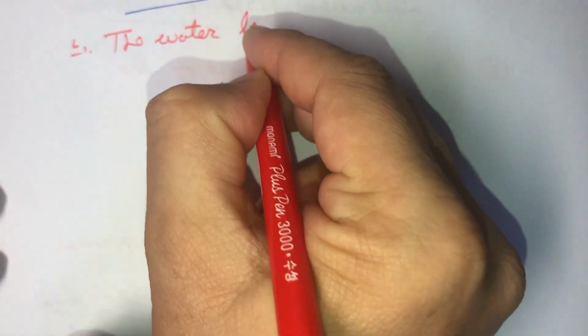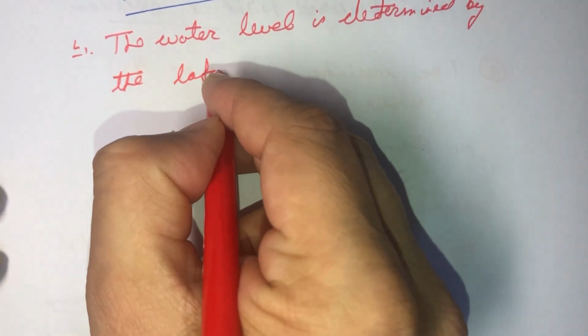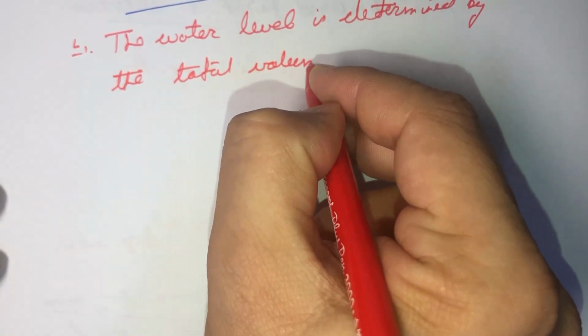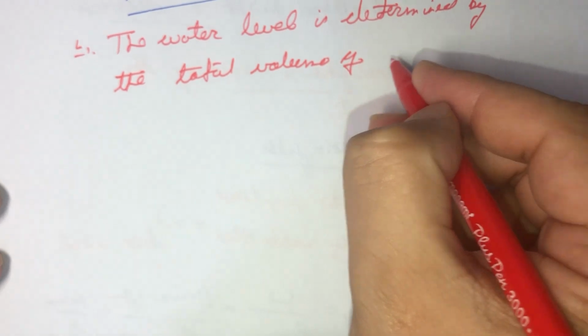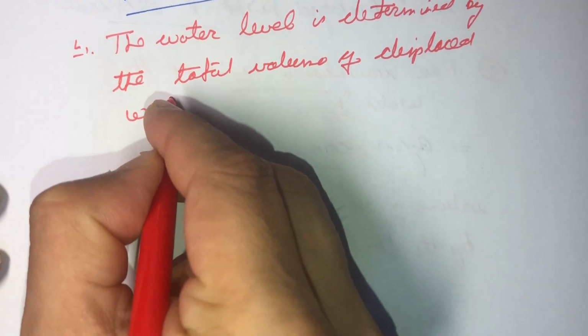So now the water level will be determined by the total volume of the water displaced. So you can say that the water level is determined by the total volume of displaced water.